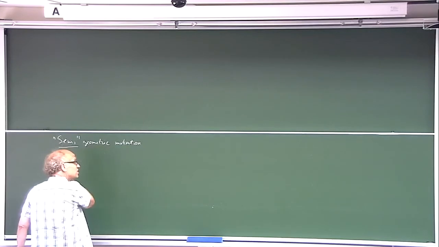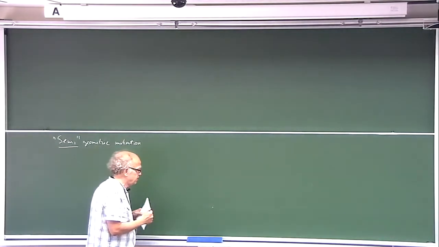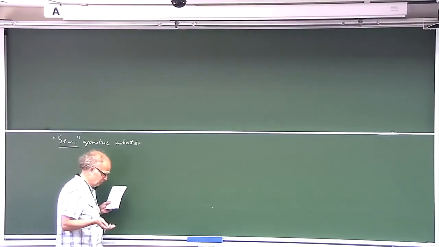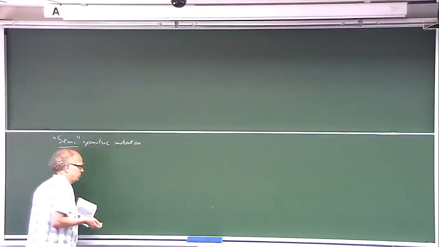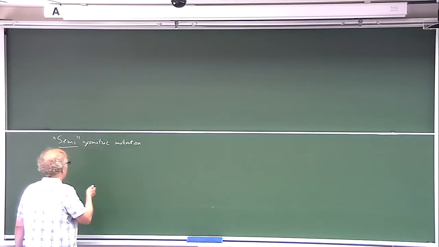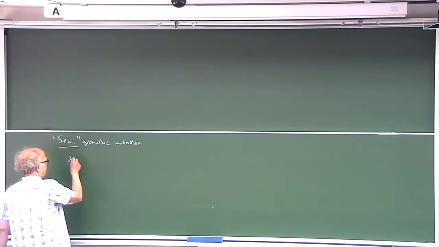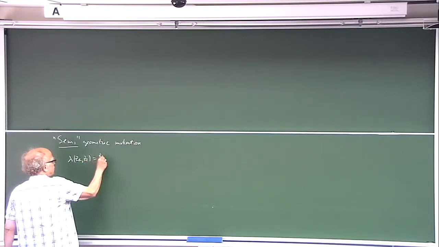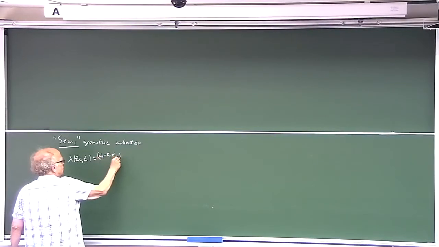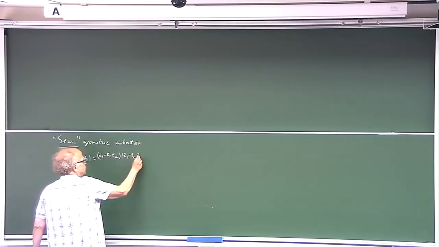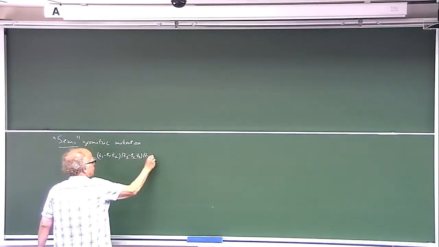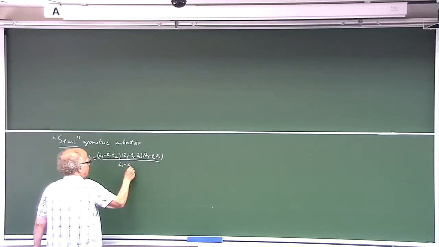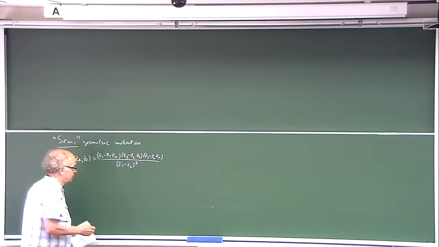To study shuffle algebra, I will explain, we will be interested in different shuffle algebras, but mainly because of restrictions over time, our main object will be the shuffle algebra with the function lambda of q1, q2 equal to (q1 minus q2)(1 minus q3) over (q1 minus q2) cubed.